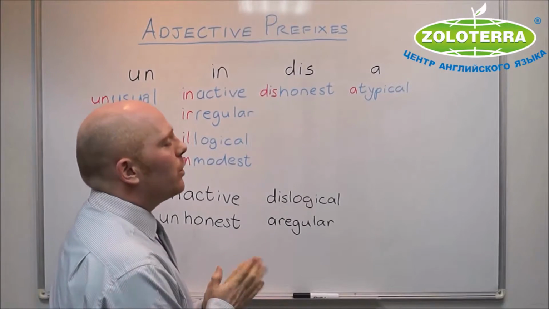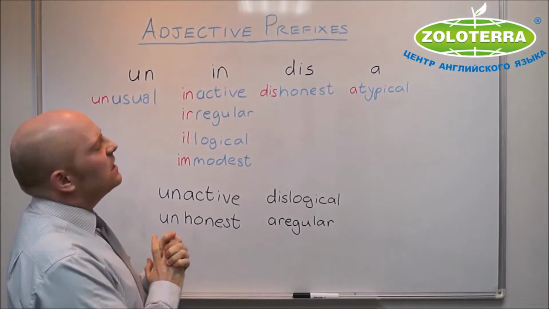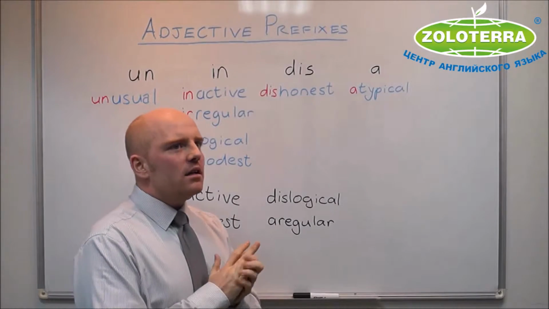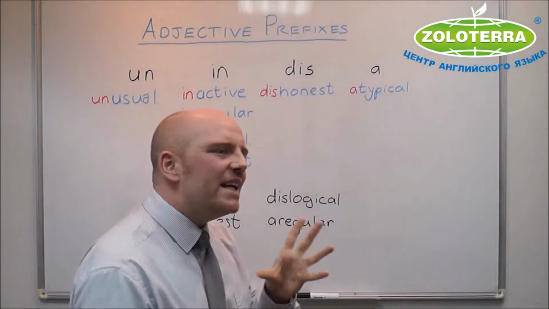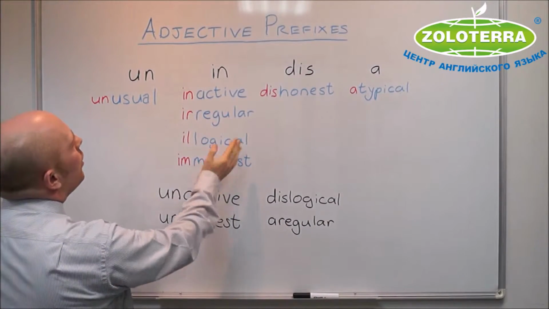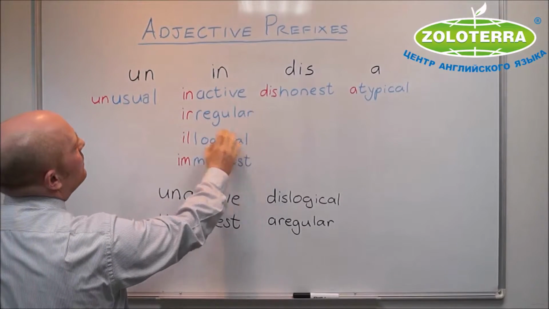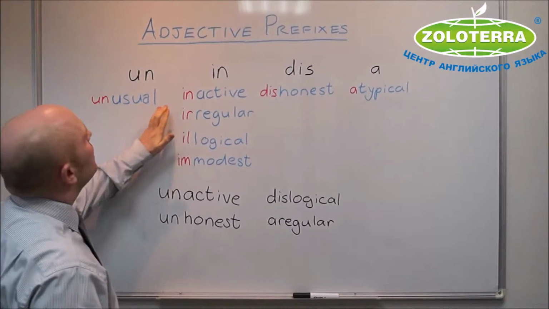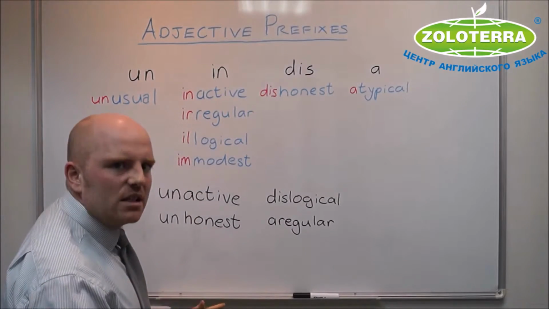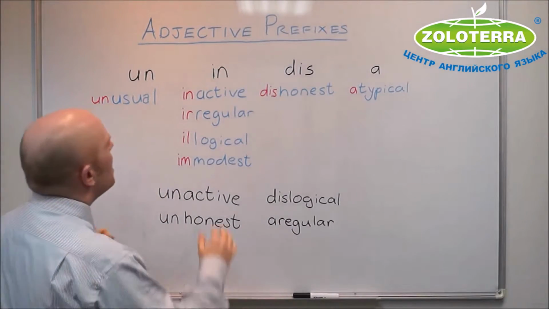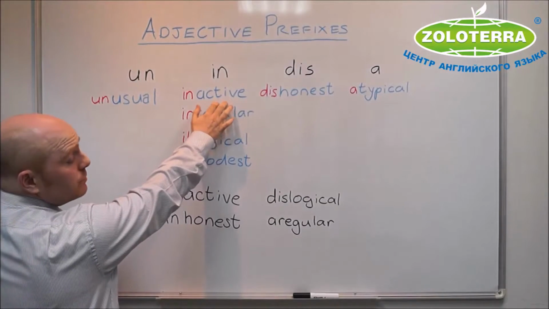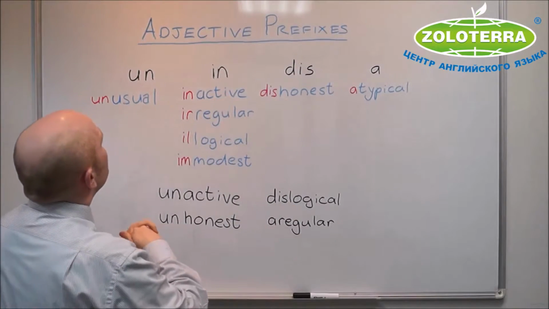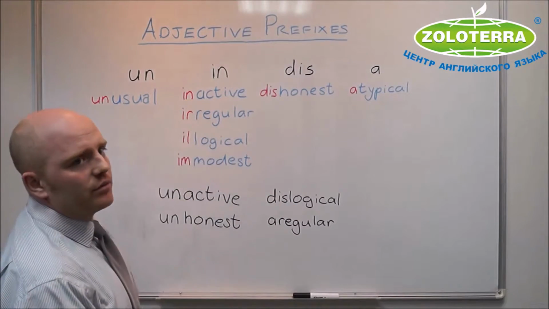The fourth and last is in. Now, in changes depending on the first letter of the adjective. For example, in is the basic prefix. And so a word like active, which is the same in Russian, becomes inactive.